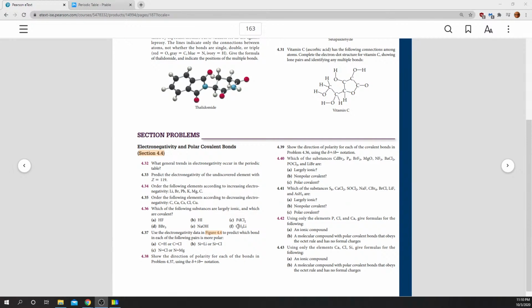Then methyl lithium. Ooh, that's a tough one. Organic or metallo-organic compounds are not something we typically cover. I'm going to call it covalent.